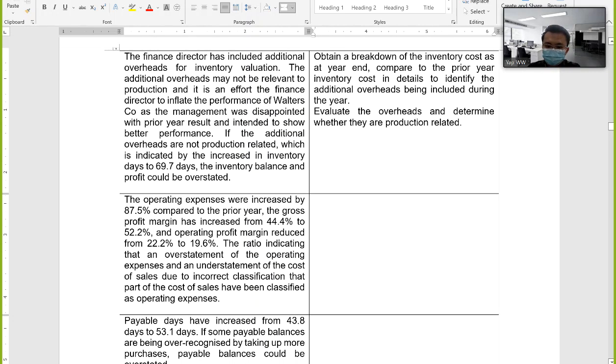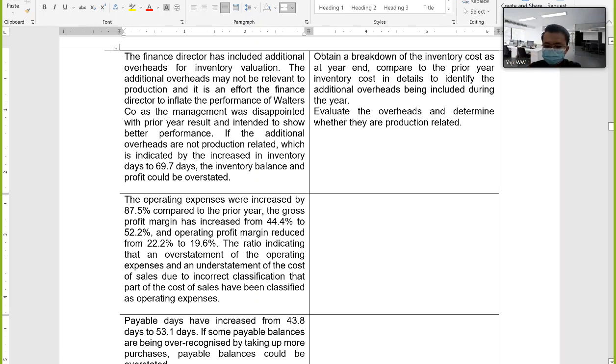Okay. The operating expenses were increased by 87.5% compared to last year. Gross profit margin increased from 44.4% to 52.2%. Operating profit margin reduced from 22.2% to 19.6%. So the ratios are telling you that you got a higher gross profit margin but a lower operating profit margin.